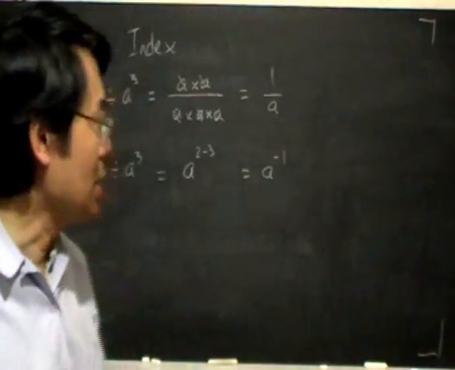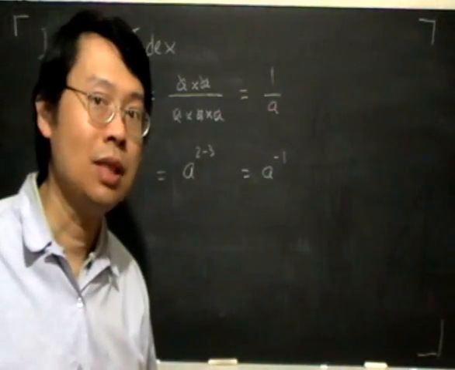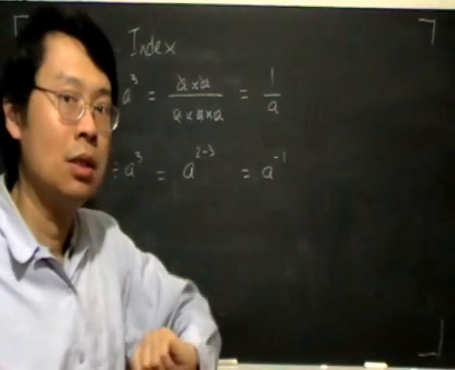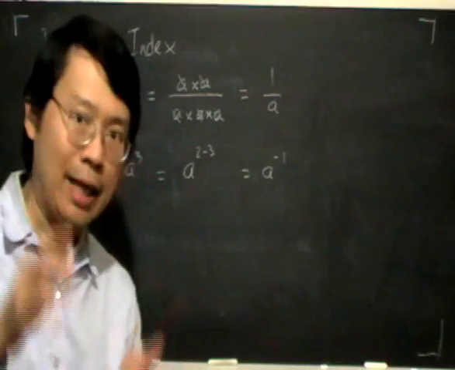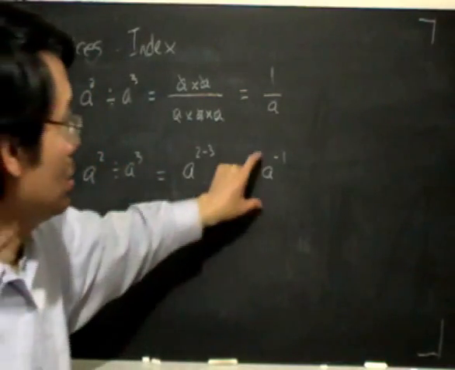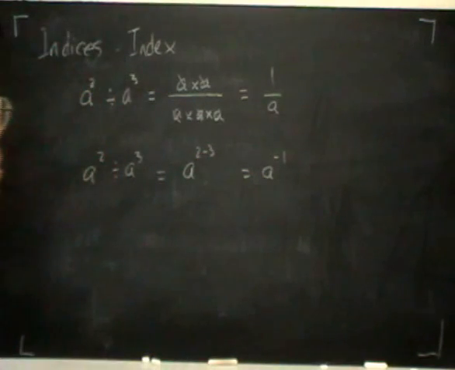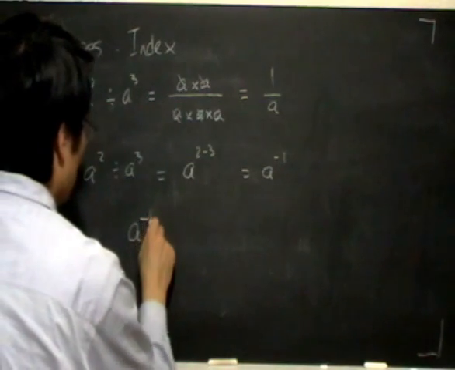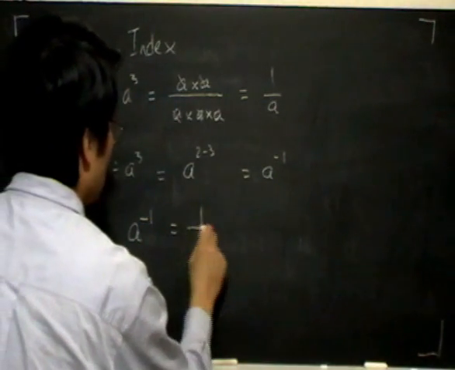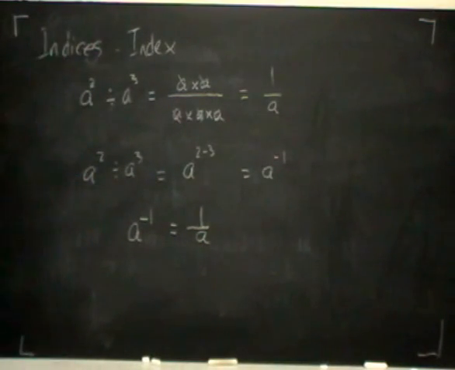So this is a meaning that is given to this negative power. In other words, we treat a negative power to mean 1 over the power. Let me write this down. We are going to say that a to the power of minus 1 means 1 over a.